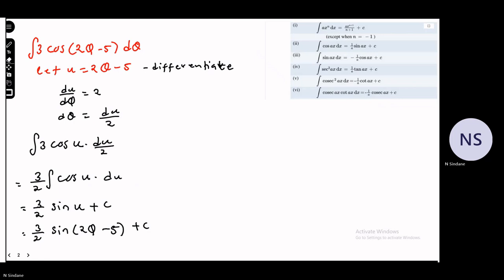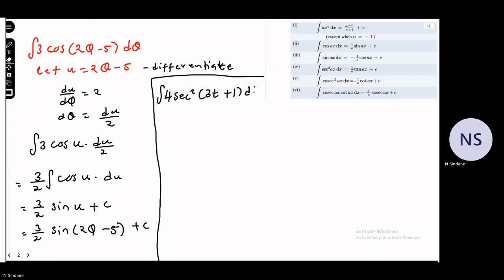The next question says we must integrate, let me try to create some space, the integral of 4 sec squared of 3t plus 1 dt. Right? Firstly, I'm going to take out this linear function and have let u be 3t plus 1.